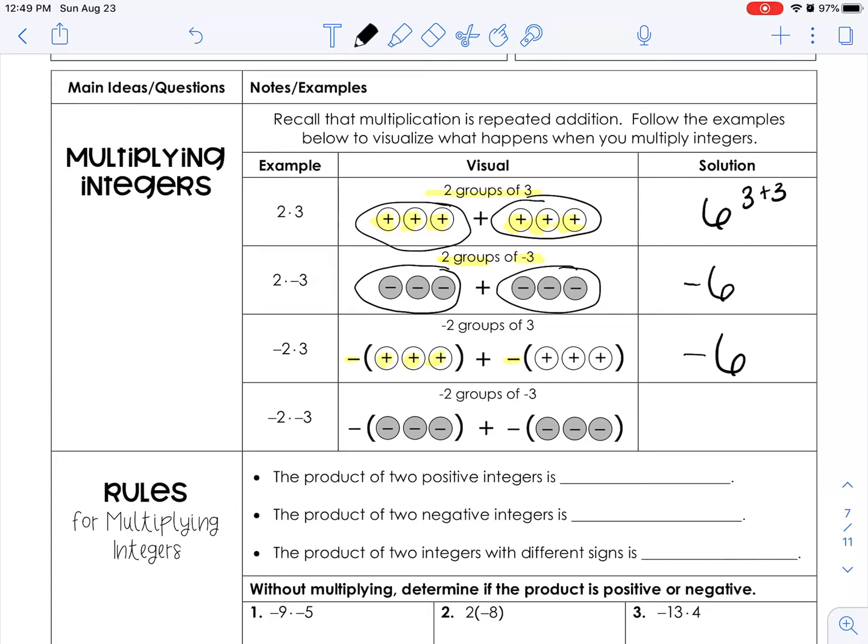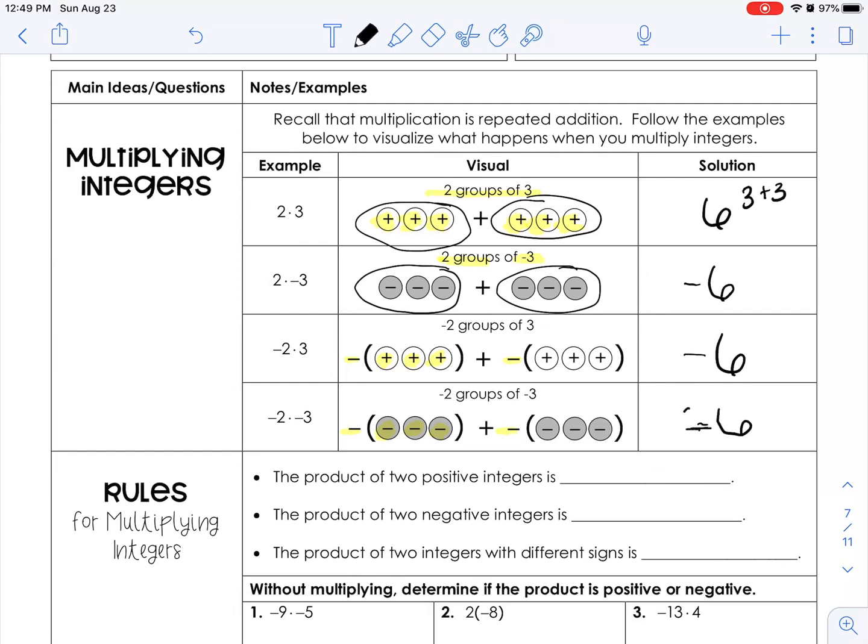The next example, negative 2 times negative 3. Again, we have 2 groups. Each group is considered to be negative, and we have negative 3 within each group. So we have 3 negative counters in each group, which gives us a total of 6 negative counters.